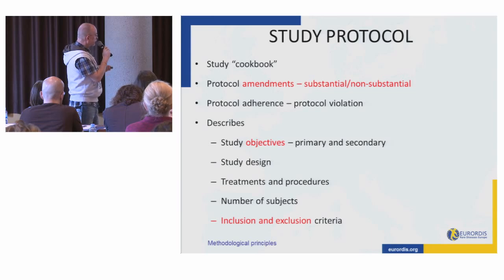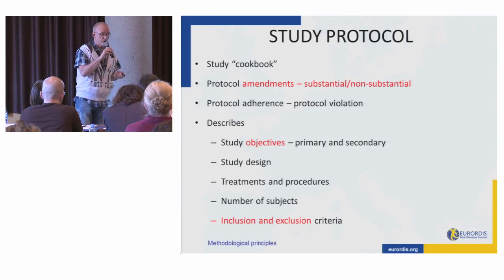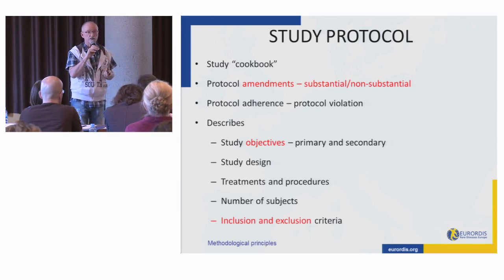The protocol describes the study objectives, the primary ones and the secondary ones, and it's important to realize that we judge clinical trials on the basis of whether or not they reach their primary objective, their primary endpoint. So in regulatory jargon, we say that a trial is a failed trial if it hasn't met its primary objective.